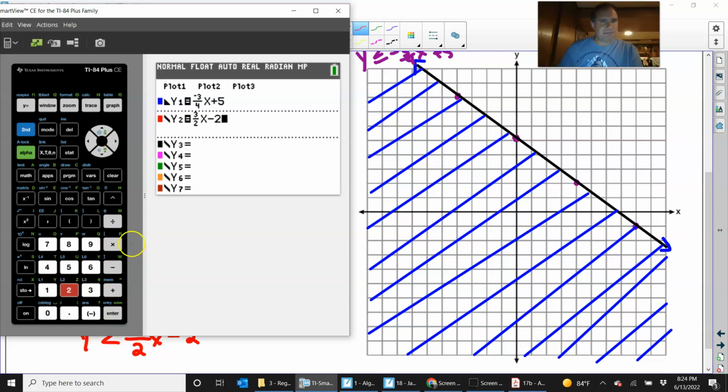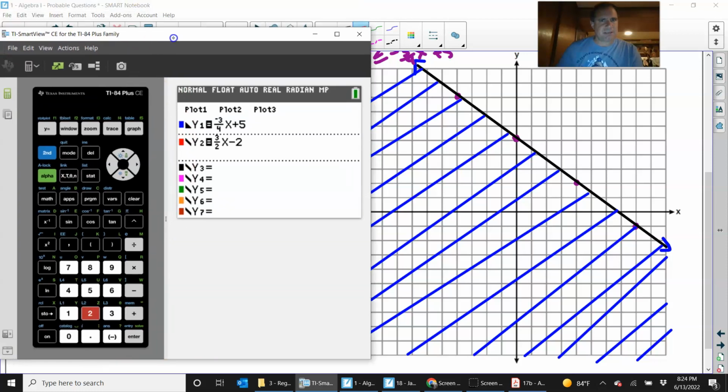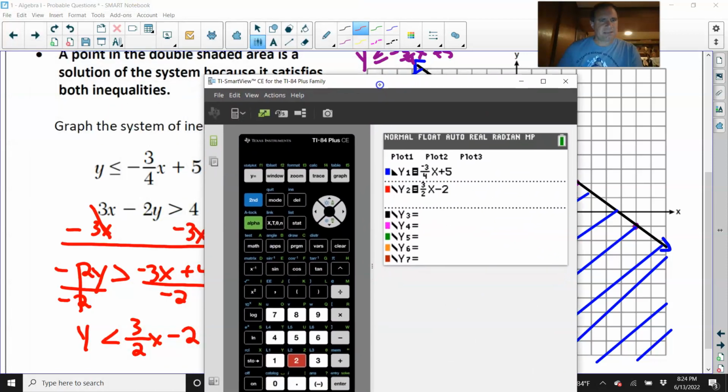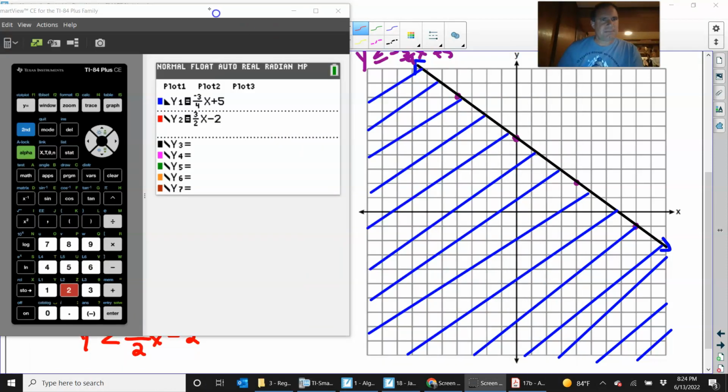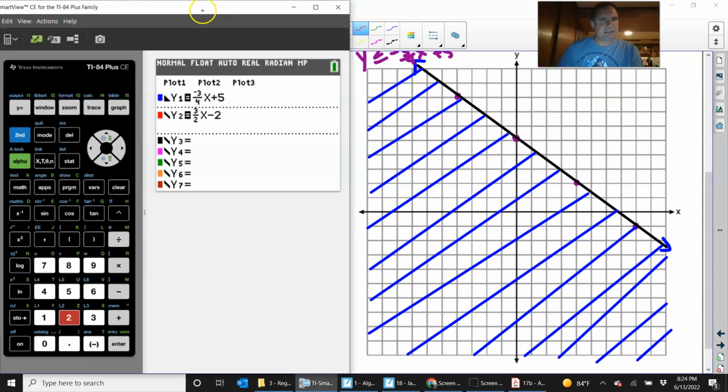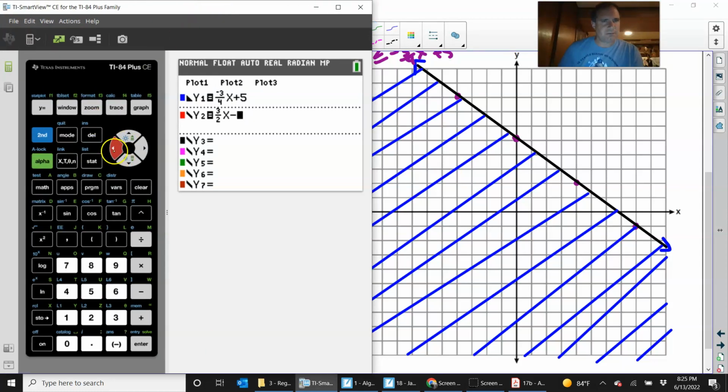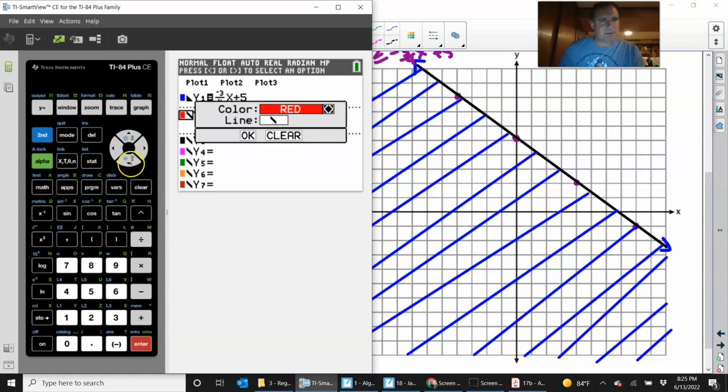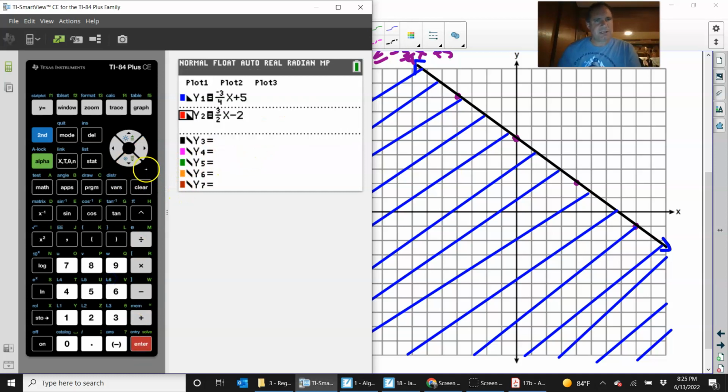Now this is a less than symbol. If you can see it, see that less than symbol? So that means I have to put a less than symbol here as well, or else I'm not going to see what the shading is. So I'm going to press enter and I'm going to go to less than. So I'm going to press 2 times to the right and that's the less than. I'm going to go down to OK, press enter, and I'm going to graph.